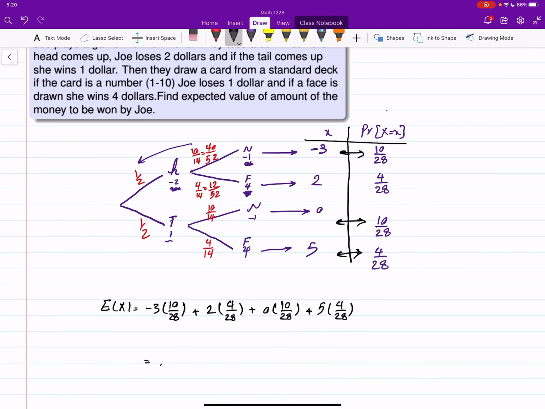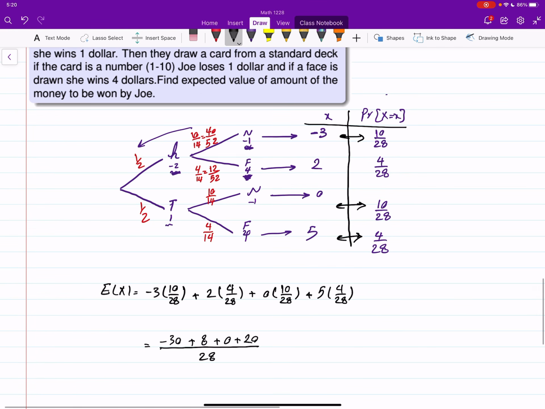Now, if I find the common denominator, this is 28: -30 for the first one, for the second one 8, for the third one 0, for the fourth one 20. And this all together is -2 over 28.